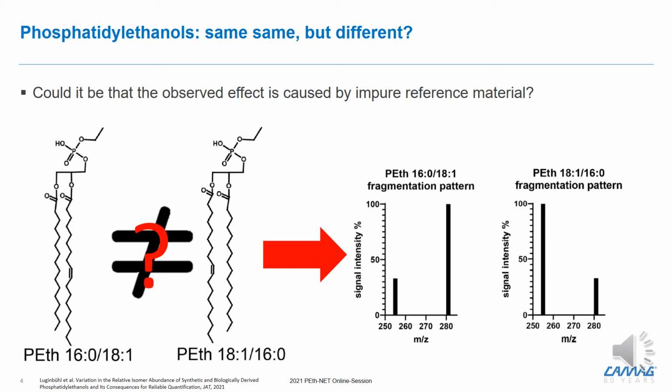Within the fragmentation cell of a tandem mass spectrometer, this could cause differences in fragmentation pattern as indicated on this slide, which could then lead to quantification differences.